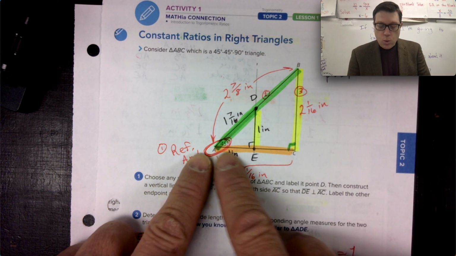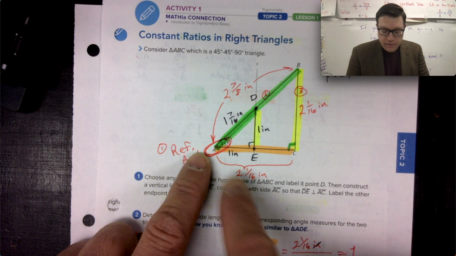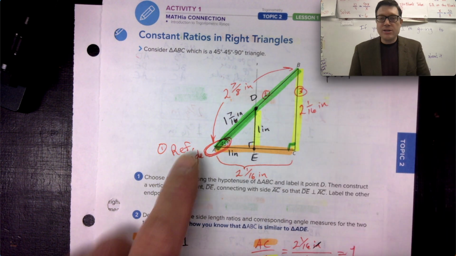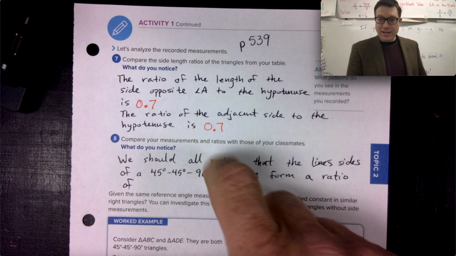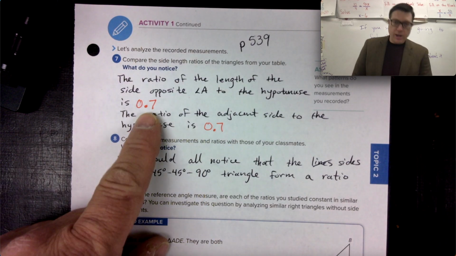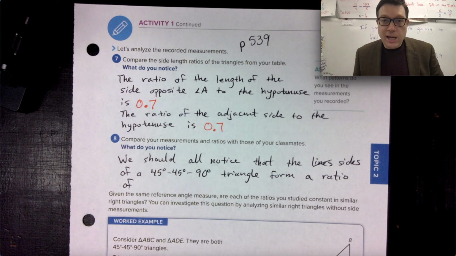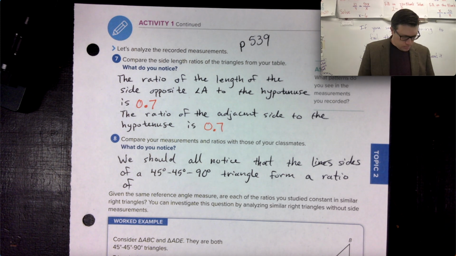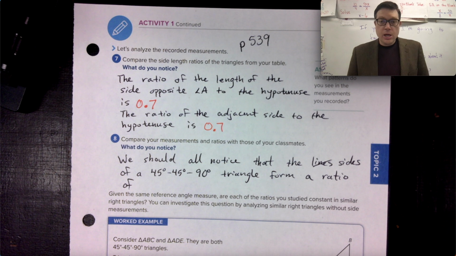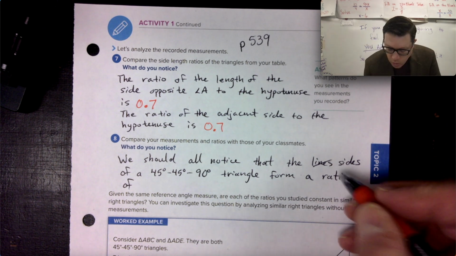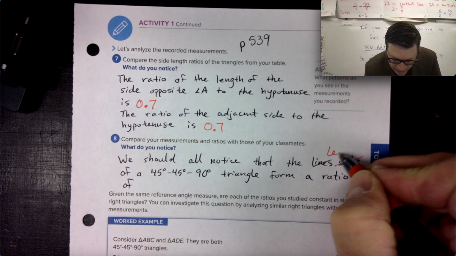So if you did make a 1 inch by 1 inch triangle, or even a 1.5 inch by 1.5 inch right triangle, we would have the same ratio of 0.7, or the other ratio, 0.7, because the sides of the 45-45 degree right triangle are the same. Question 8. Compare your measurement and ratios with those of your classmates. We should all notice that the sides of a 45, 45, 90, in fact, a better word than side or line would be leg.